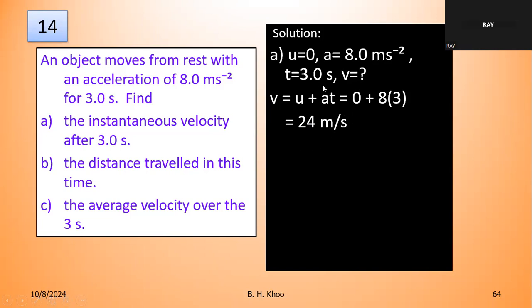Or you can use this one. But I forgot the distance formula. You can use any formula. There are 4 formulas for you to choose. You want to find this distance, or displacement, it is the same thing.